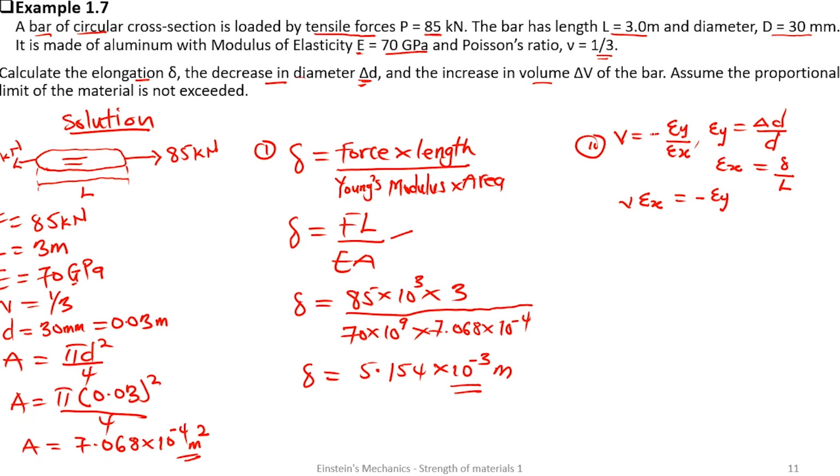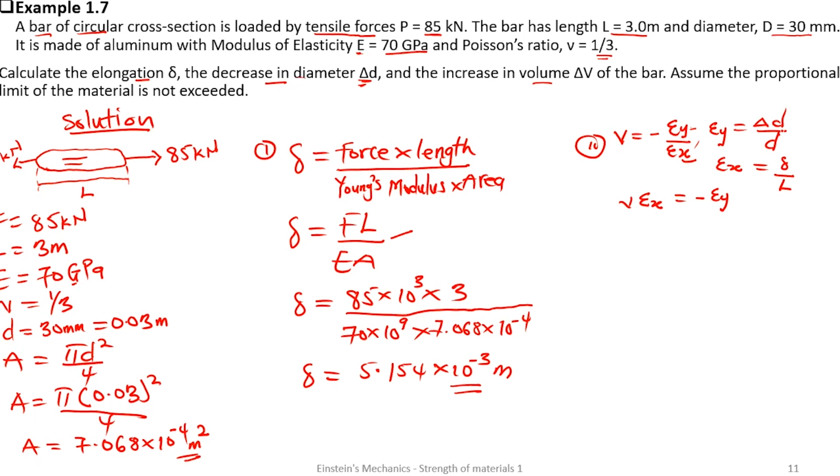Negative because in Poisson's ratio, an increase in the axial side will cause a decrease in the lateral side. That's why we brought this negative. So you can ignore it and finally bring your answer as positive, because it is going to give you negative here and this negative will take out, giving you a positive answer. Check out episode 2.